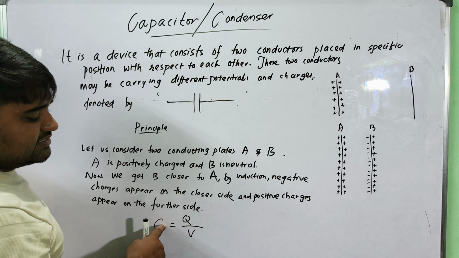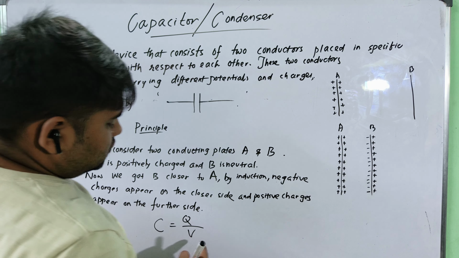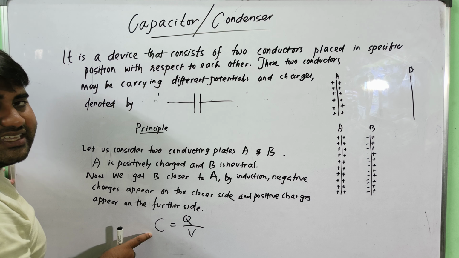The positively charged side increases the potential of the system, so if V increases, C decreases.